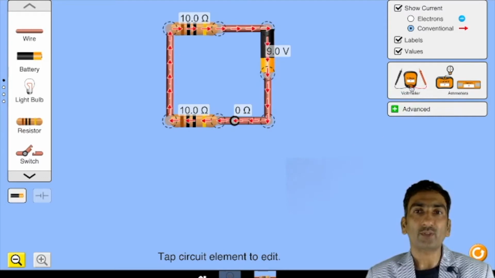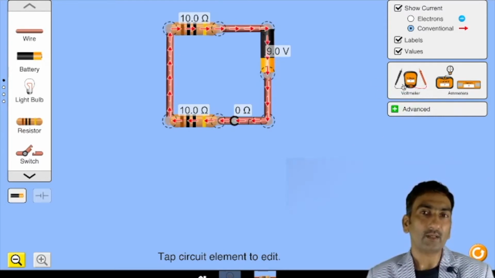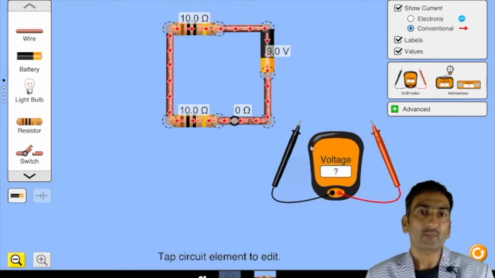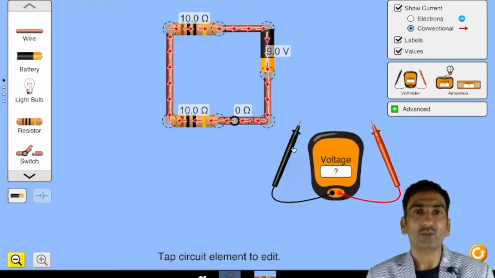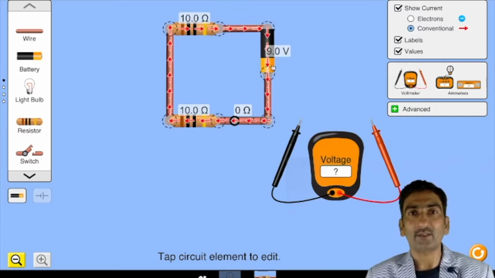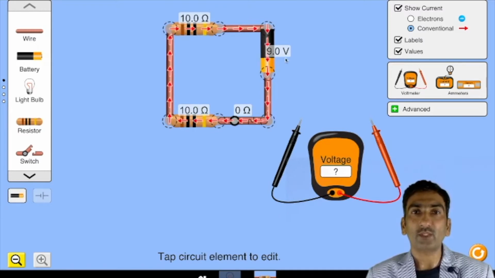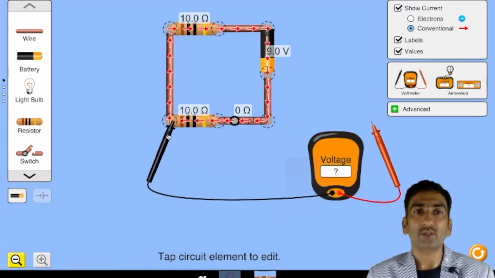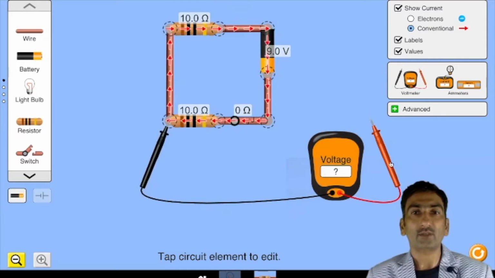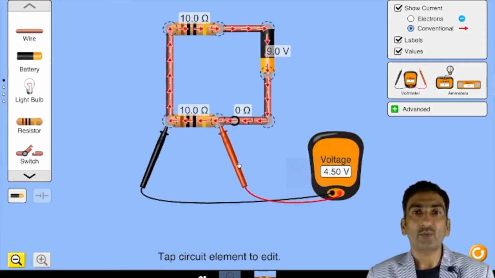If you want to check the potential difference across these resistors, as you have studied in lower classes, if the resistors are connected in series, then the effective potential difference of this battery, this 9 volt, if you neglect the internal resistance of the battery, this EMF would drop equally across the 10 ohm resistor and this 10 ohm resistor. So if you check the potential difference across this resistance, you will get 4.5 volt. So net total potential is 9 volt.